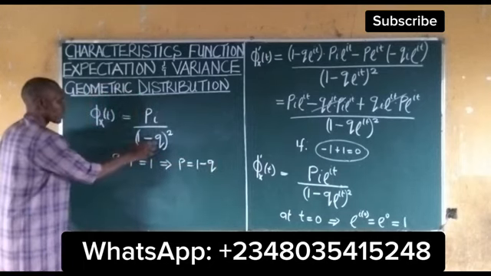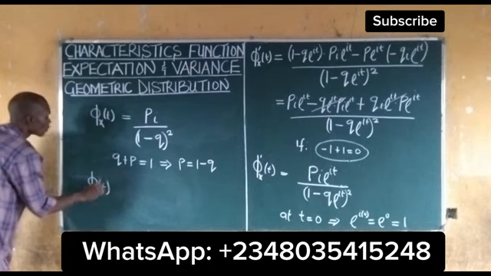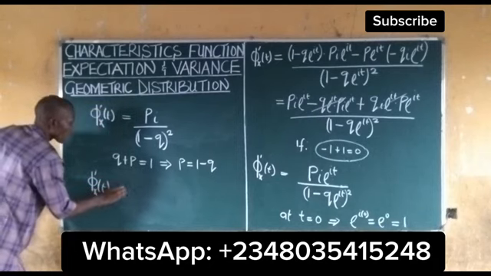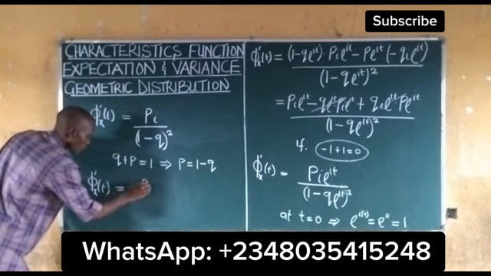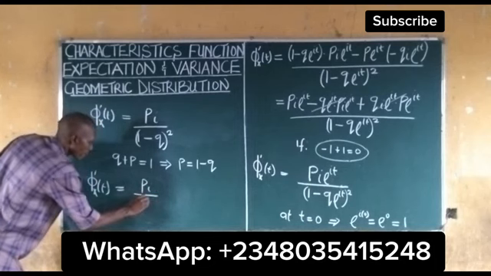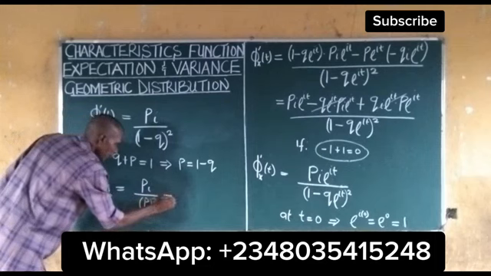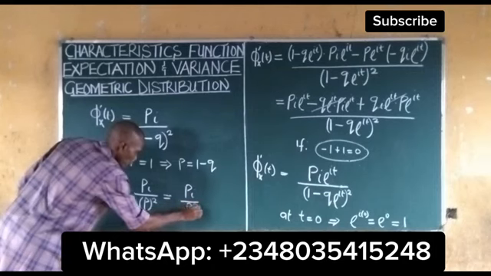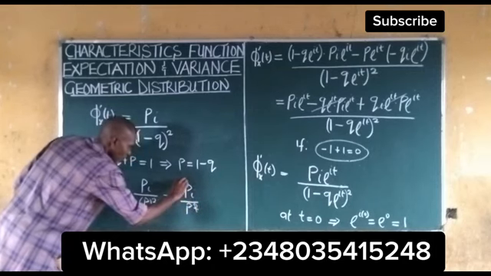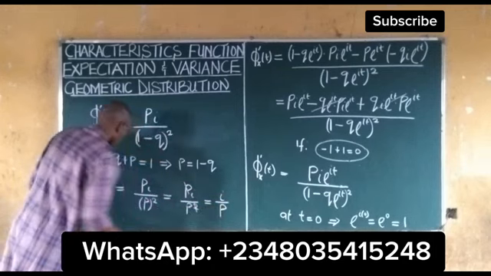So anytime we see 1 minus q, we put p. It then means that the first derivative is equal to p i all over p squared. Of course, if this cancels this, we have i all over p.